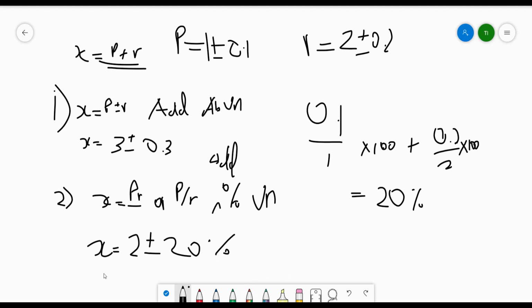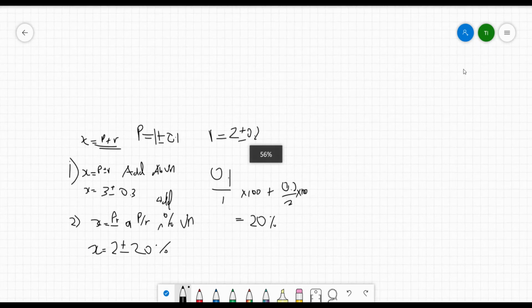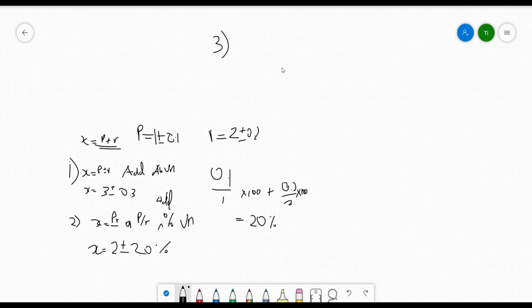And the last one is when it's not being multiplied, it's being powered to a factor. So for example, x is equal to p square. In this case, you multiply the percentage uncertainty with the factor that is being raised to power.